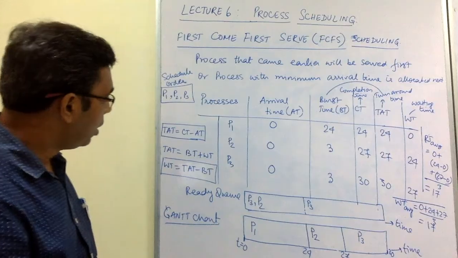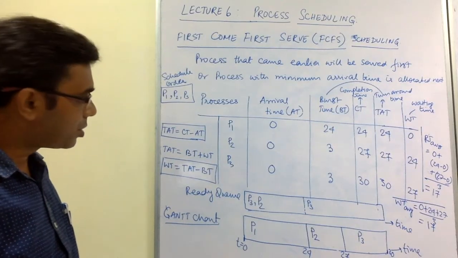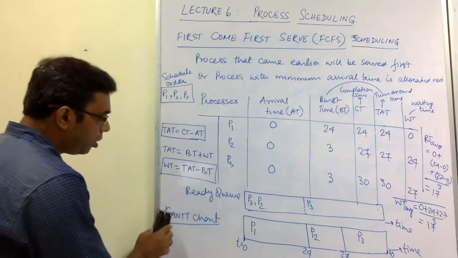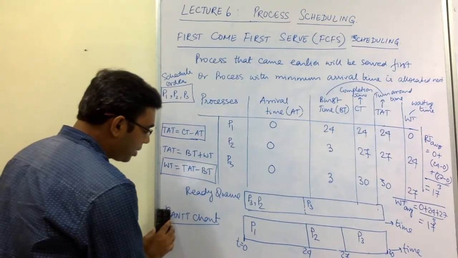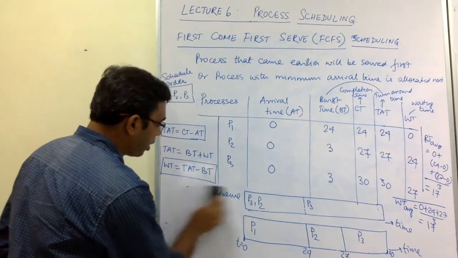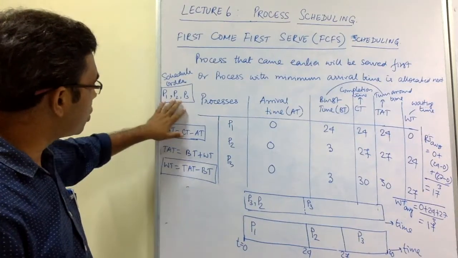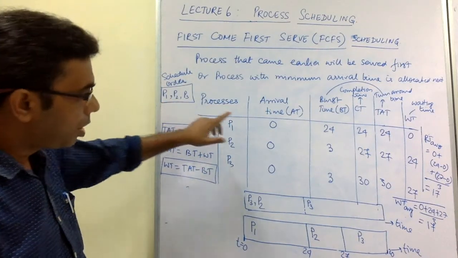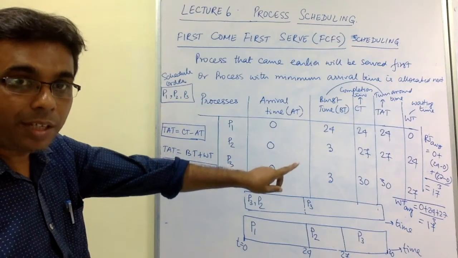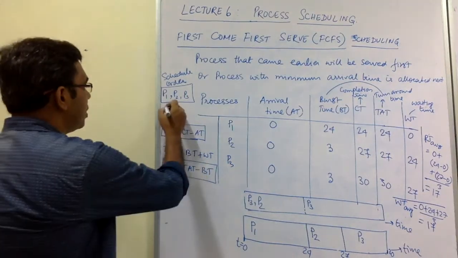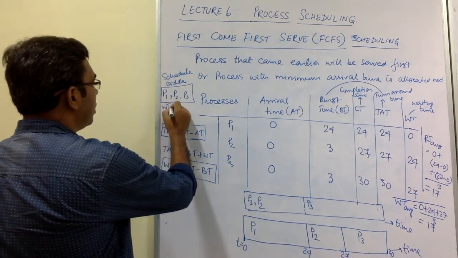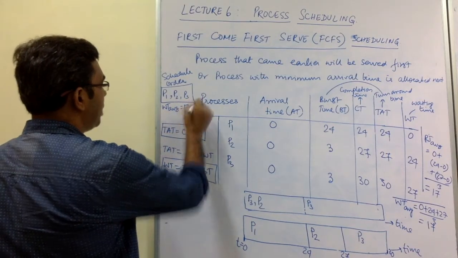Now let us try to change the order a bit and see what happens. Remember, when this was the scheduling order, we found the average waiting time to be 17.